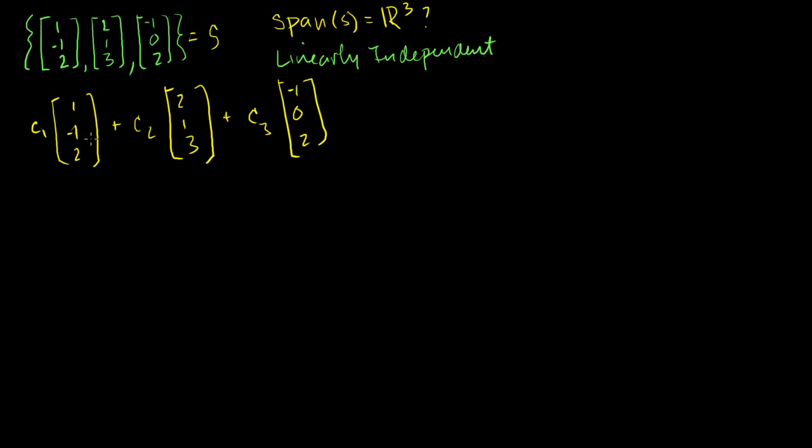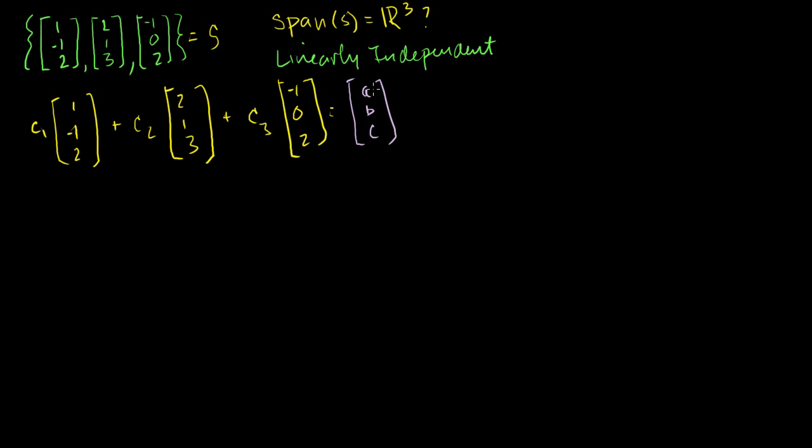Using some arbitrary constants, I should be able to take a combination of these vectors that sums up to any vector in R3. And I'm going to represent any vector in R3 by the vector a, b, c, where a, b, and c are any real numbers.